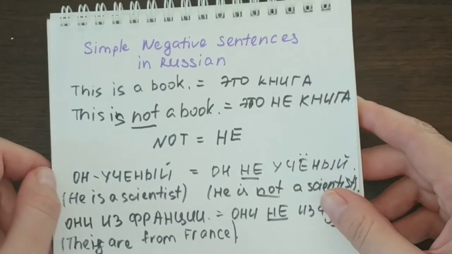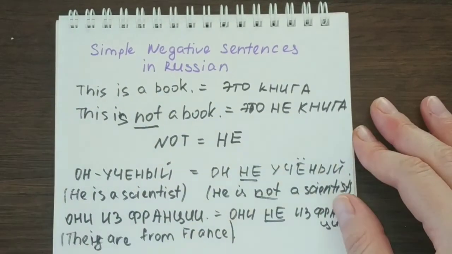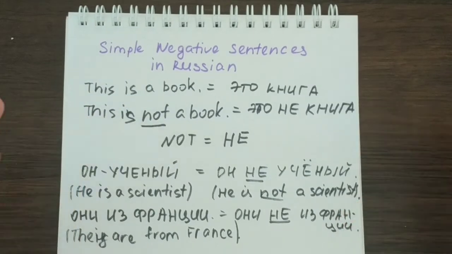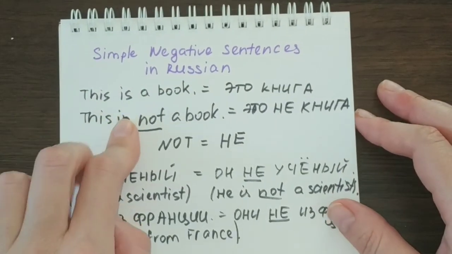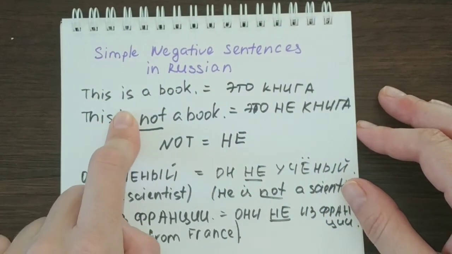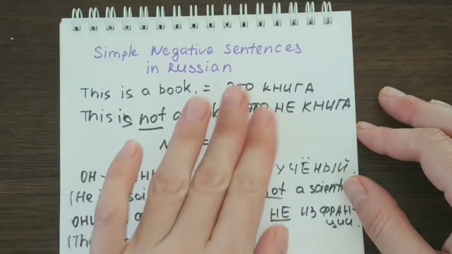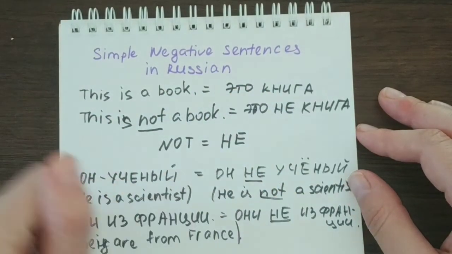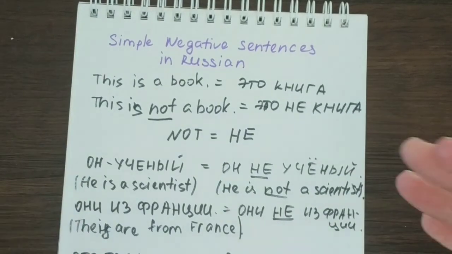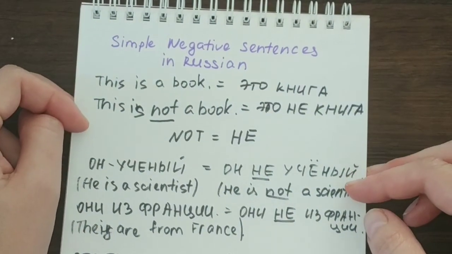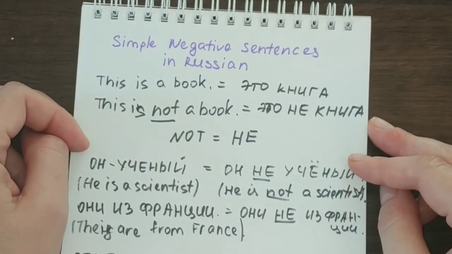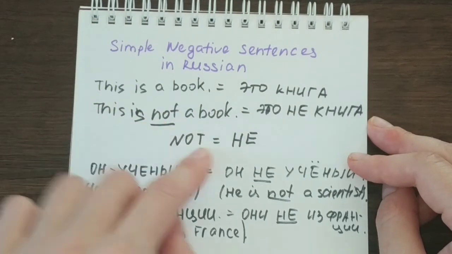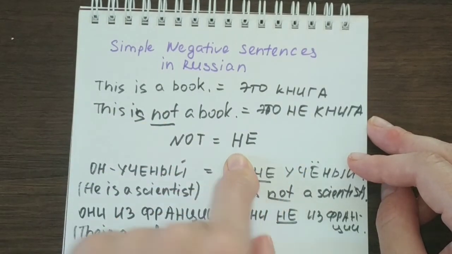I hope it is clear. First of all, you have to know how to form a simple affirmative sentence, the equivalent of this in English, which is translated into Russian using the word это. And after that, it will be easier for you to form a negative sentence using the negative particle not, which in Russian has the equivalent of не.